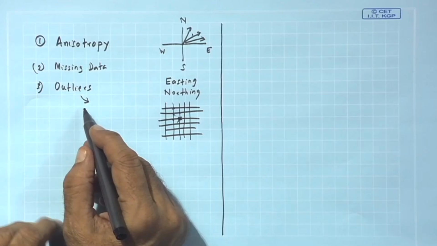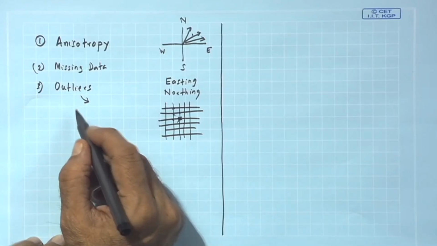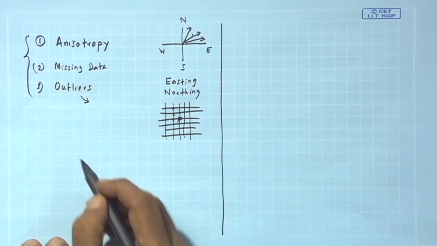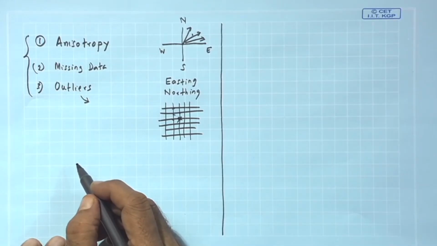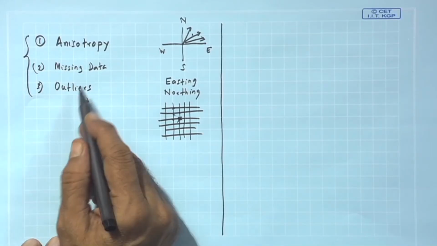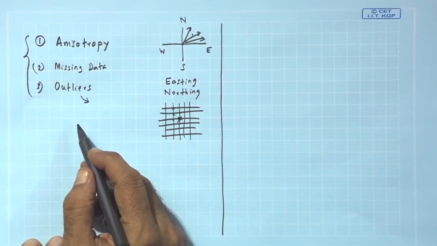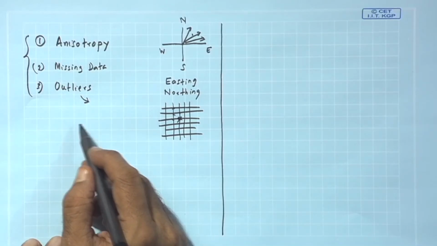In such a situation, we call them outliers. So there are many elaborate methods to take care of these situations like anisotropy, missing data, outliers.